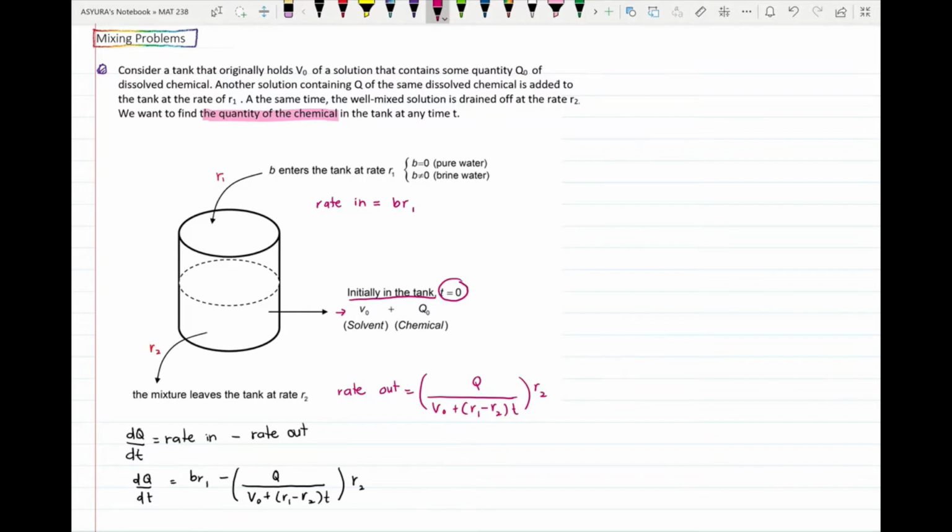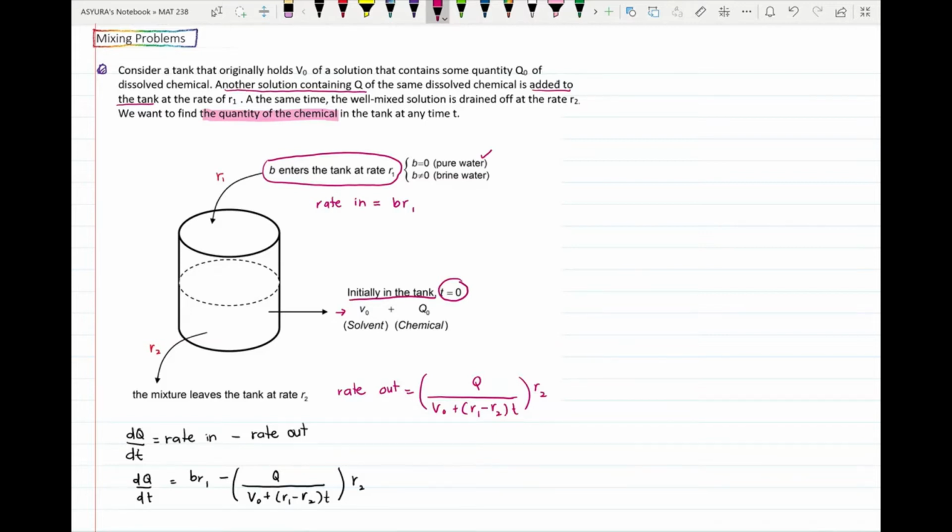Alright, so it says here another solution containing Q is added to the tank. So this is the case: B enters the tank at the rate of R1. Your B could be pure water. If it is pure water, that means there will be no value of Q, meaning there will be no added chemical in your tank.